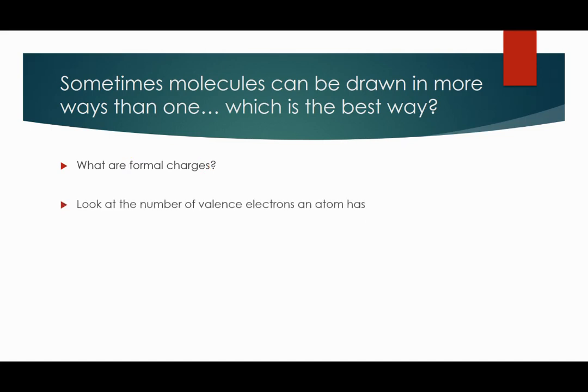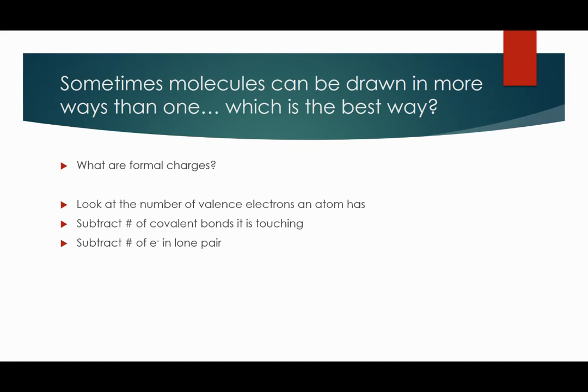Formal charge is looking at the number of valence electrons that an atom has and then subtracting the number of covalent bonds that it is touching, as well as subtracting the total number of electrons in lone pairs. This is going to give you the formal charge of each atom within a covalent molecule.